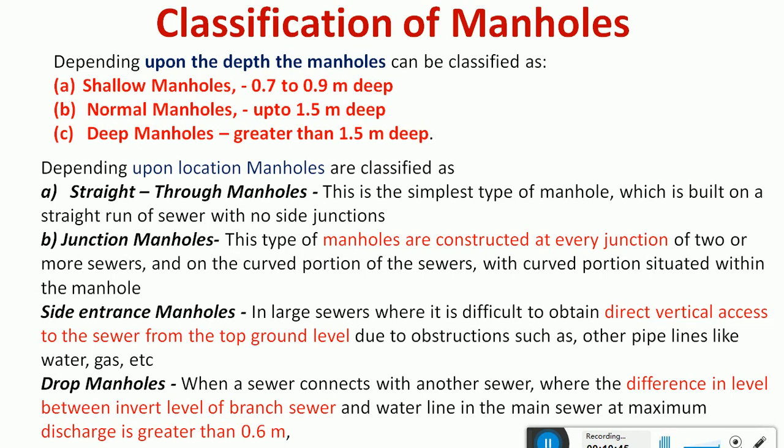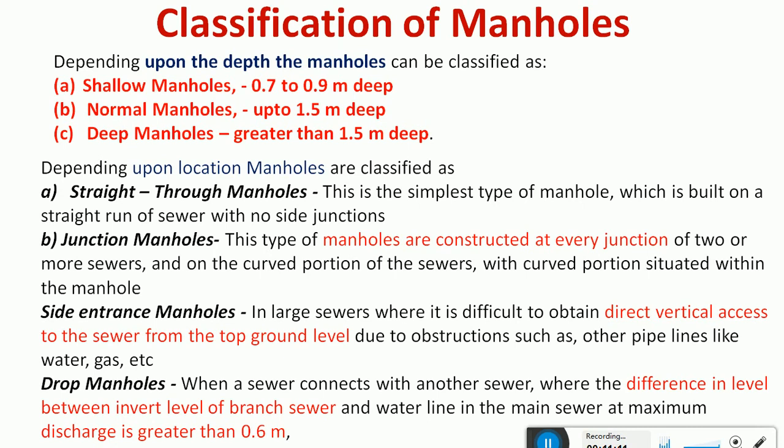Nowadays you may also have optical fiber cable lines, OFC cable lines. Then you have separate dedicated gas pipelines, which are coming up these days in top metro cities by Gas Authority India Limited and others. Under those circumstances, we may not get direct vertical access. So that's why we construct a manhole, and that kind of manhole we call a side entrance manhole.